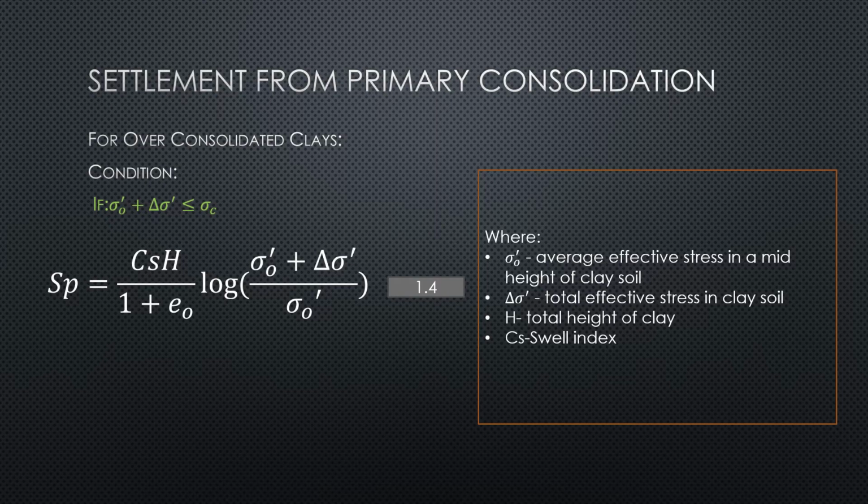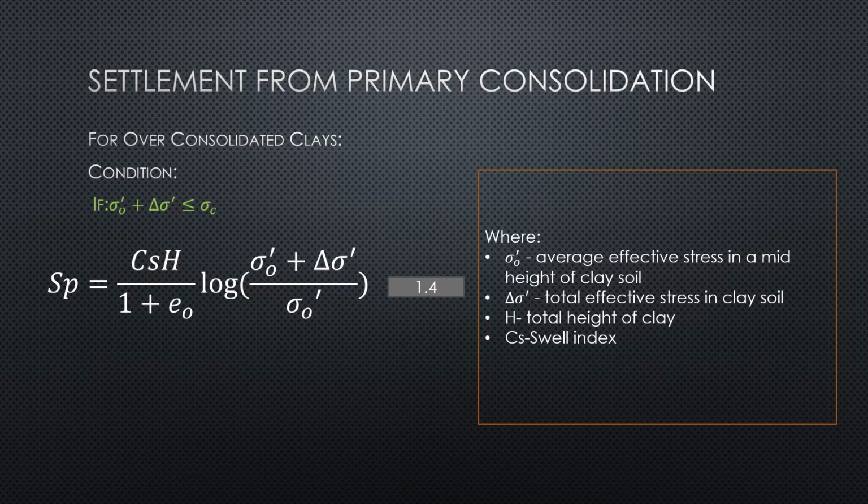Average effective stress in the mid-height of the clay. Delta sigma prime will be the total effective stress in the clay soil, H will be the total height of the clay, and Cs will be the swell index.